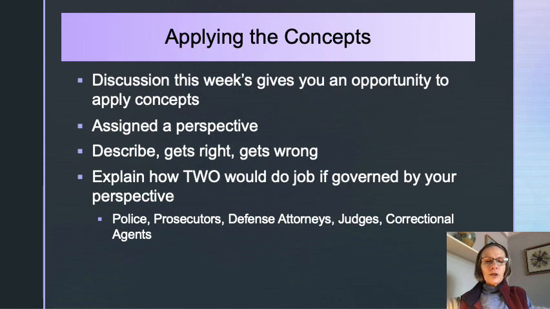So in the discussion, let's say that you get crime control as your perspective. Well, then you would tell me how police would do their job if they were governed by the crime control perspective. And then maybe you would tell me how the judges would do their job if they were governed by the crime control perspective. Okay. And so that is the discussion.